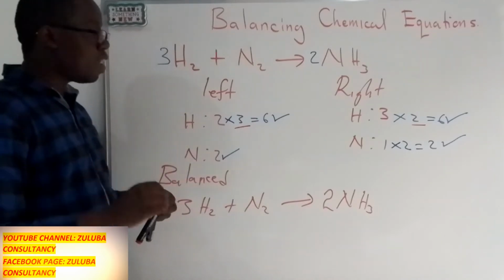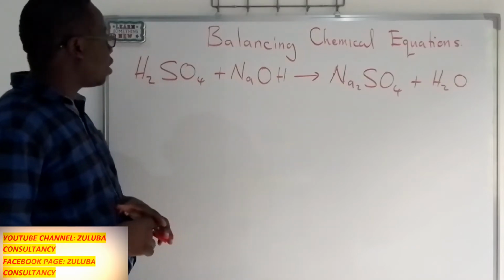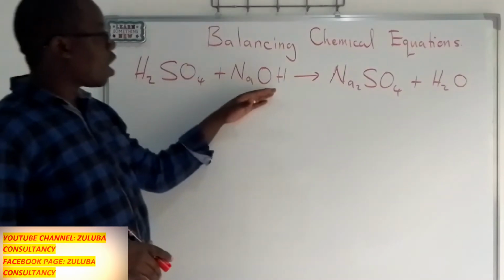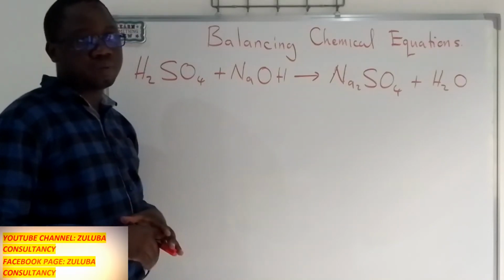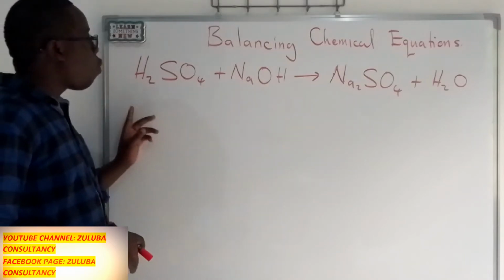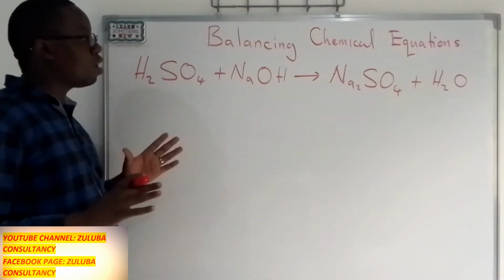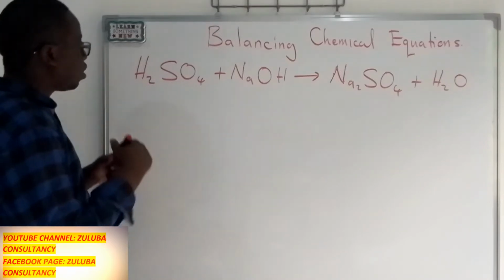Let's look at the next example. The second example that we want to look at is how to balance an equation that has radicals. So when you look at this equation, you'll notice that one radical is appearing on both sides. What is this radical?